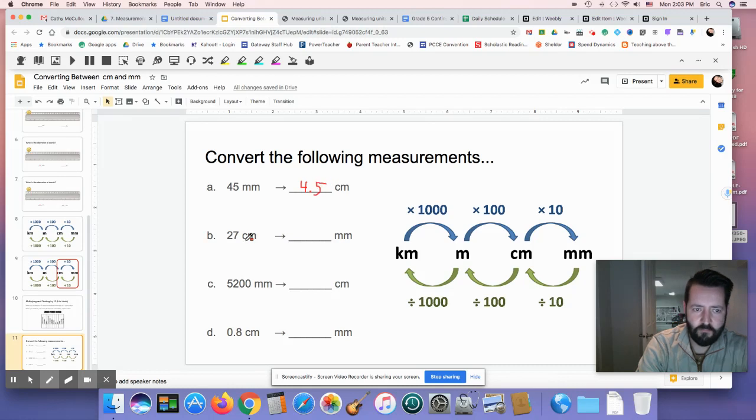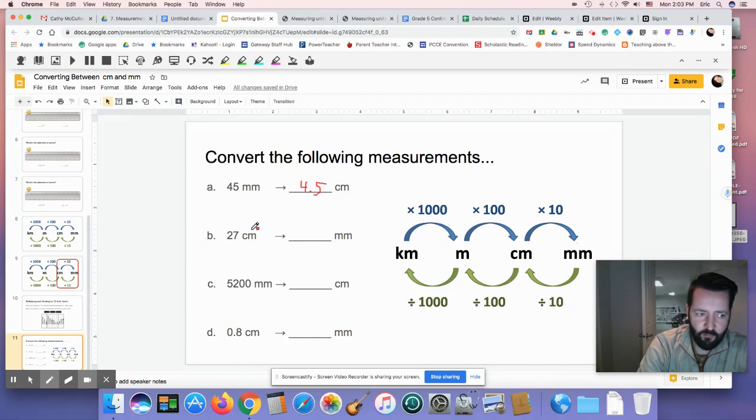centimeters. Okay. Now, going the other way, if we start with 27 centimeters, and they want us to convert that to millimeters, the chart here tells us to multiply by 10.